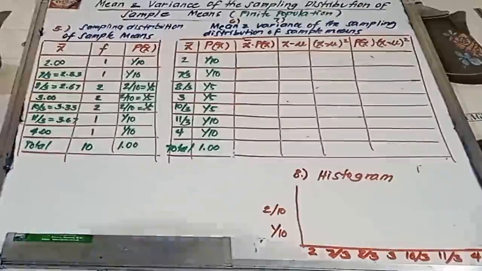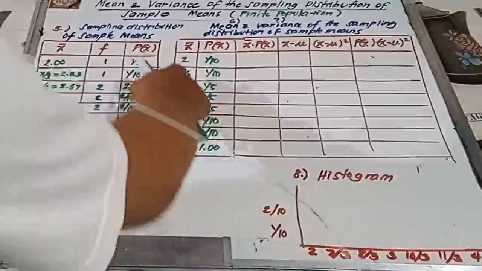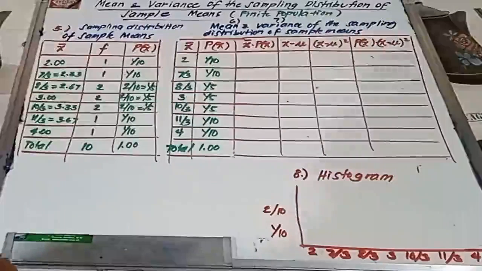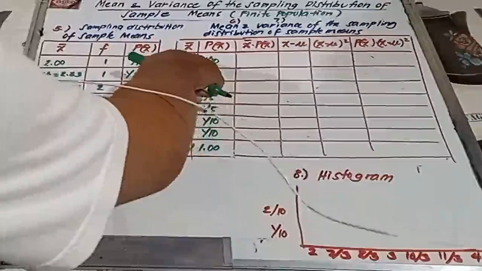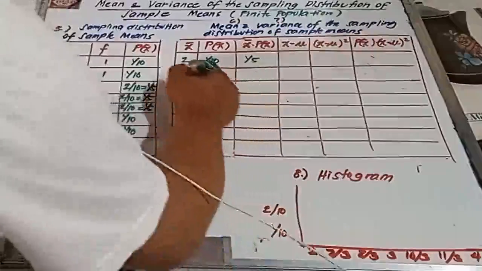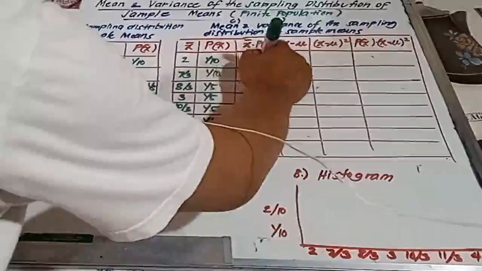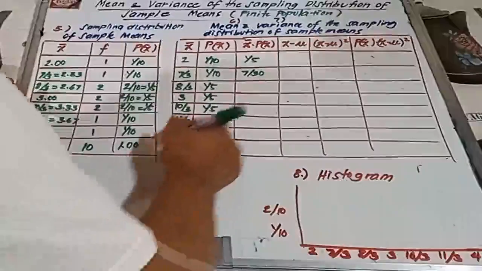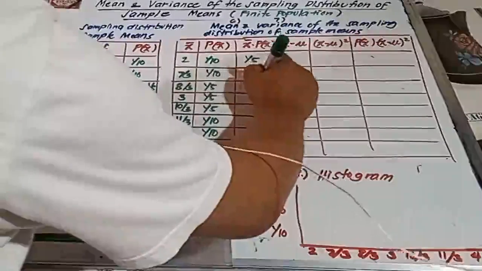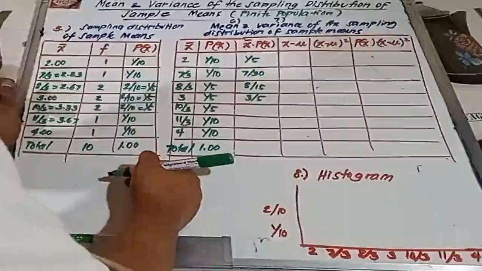Now, to compute for the mean ng ating sampling distribution of sample means, we're going to multiply the mean and the probability of this random variable x na si sample mean din. So 2 times 1 over 10 is 1 over 5. 7 thirds times 1 over 10 is 7 over 30. 8 over 3 times 1 over 5, that will be 8 over 15. 3 over 5, this is 2 thirds.